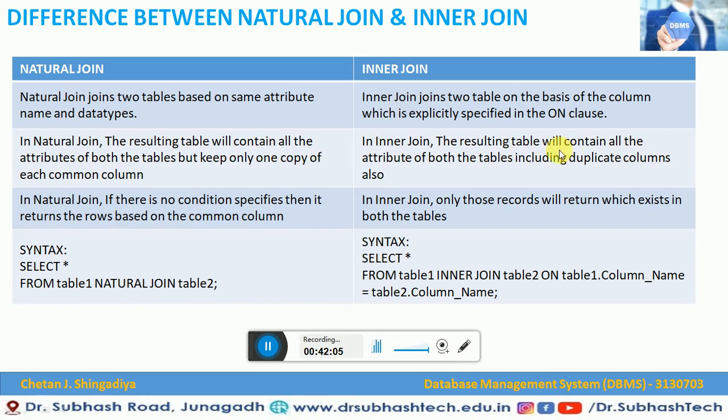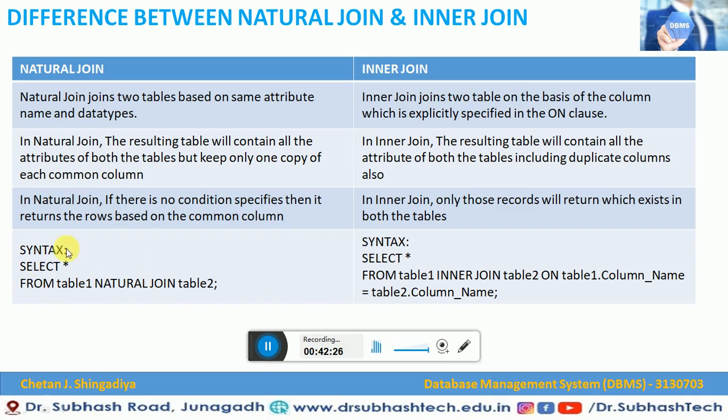In inner join, the resulting table contains all the attributes of both tables, including duplicate columns. In natural join, if no condition is specified, it returns rows based on the common column. In inner join, only those records which exist in both tables are returned.